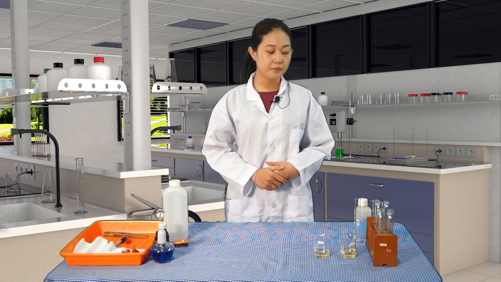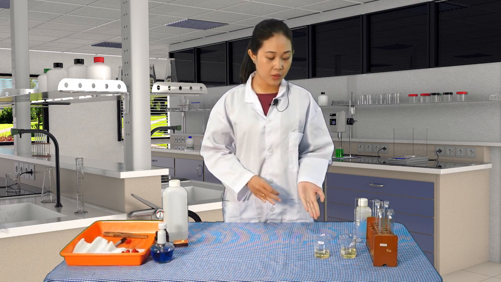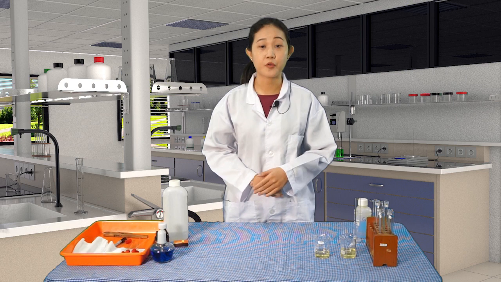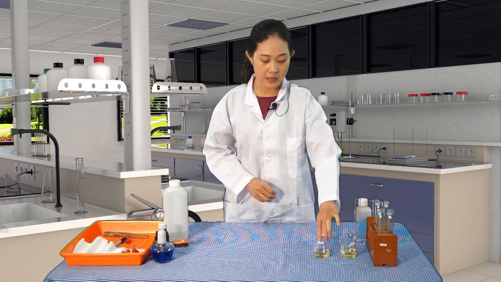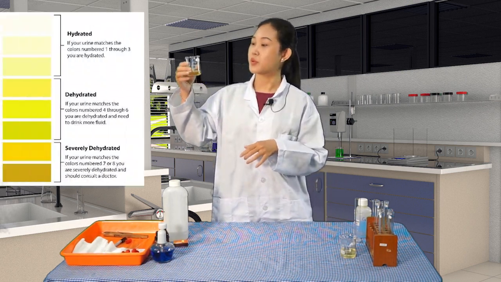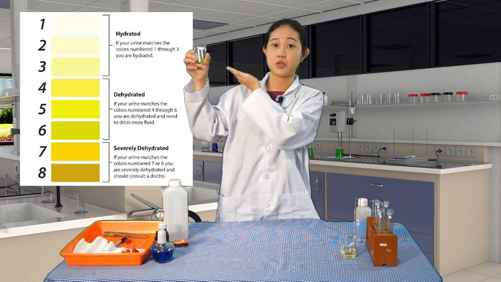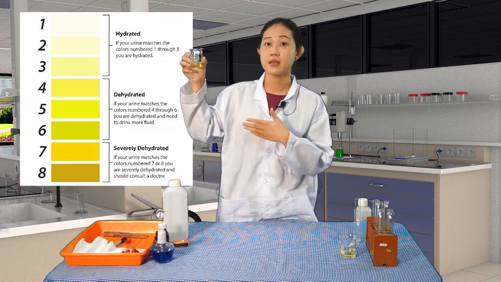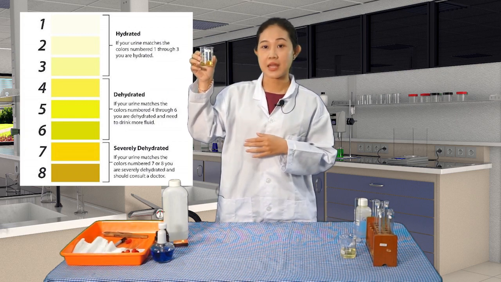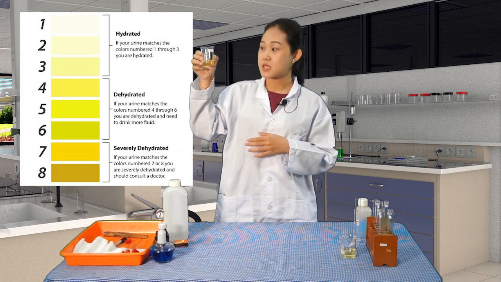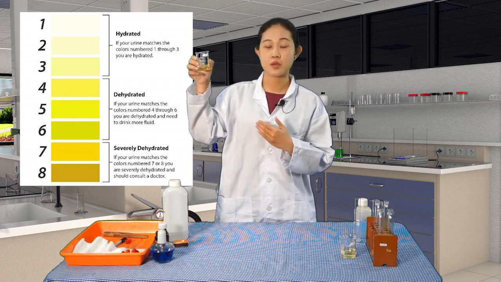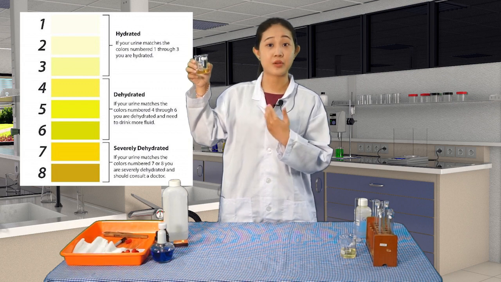Next, before we continue with the other test, don't forget to compare the results. I will put it right here so you can see the urine color chart behind me, at the right side, and you can check whether the urine color shows that the person is well hydrated or not.